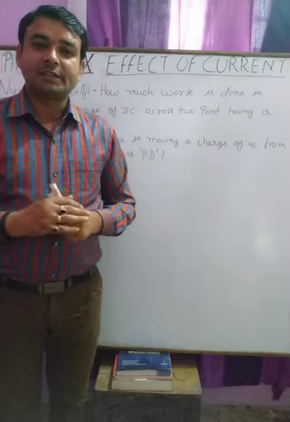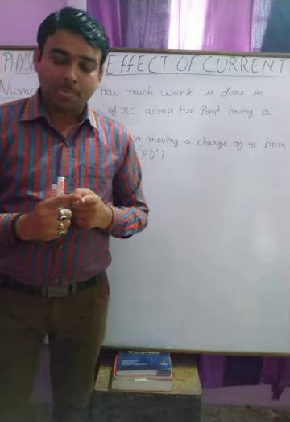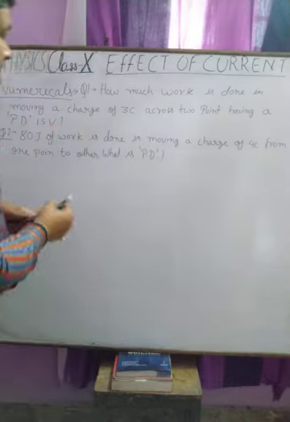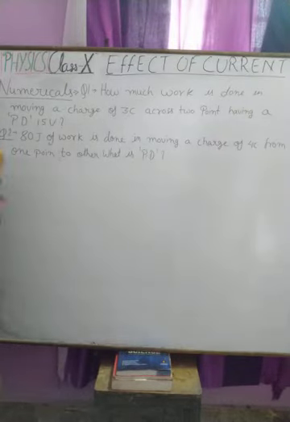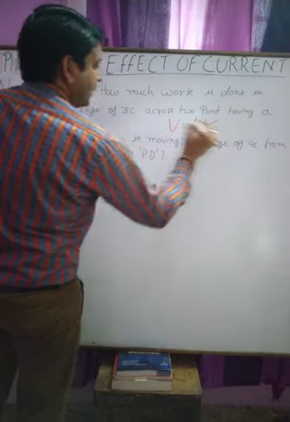हमने एक टॉपिक डिस्कस किया था, that is potential difference, and the potential difference is defined as the work done, the amount of work done in bringing a positive charge between 2 points, and the formula which we have for this is potential difference is equal to work done upon charge.